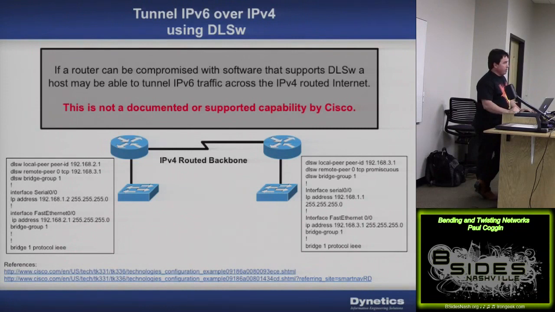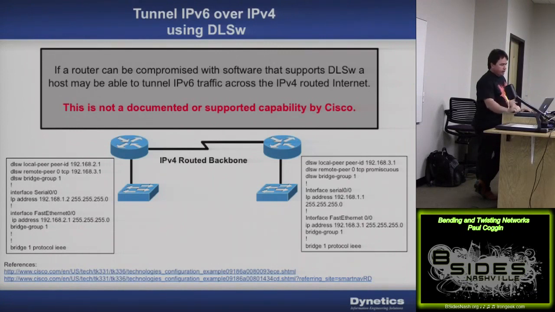If we pop a router during a red team and they have the feature set code, they may already have it turned on. We can turn on DLSW and maybe set up a backdoor tunnel and tunnel IPv6 out using DLSW. There's still a lot of this SNA stuff out there, and a lot of routers that have the DLSW feature set.